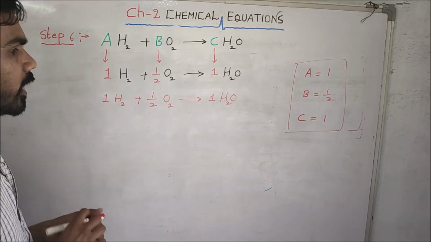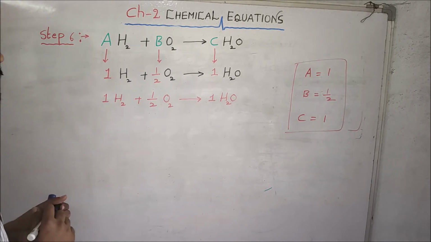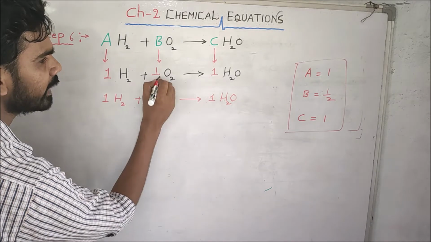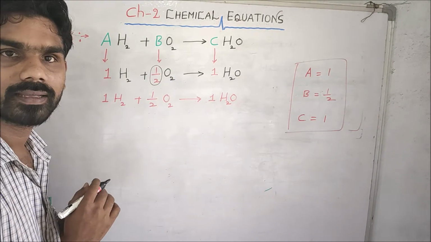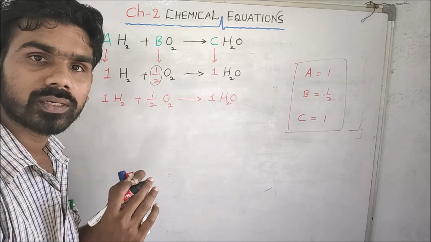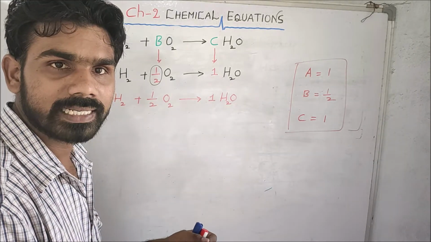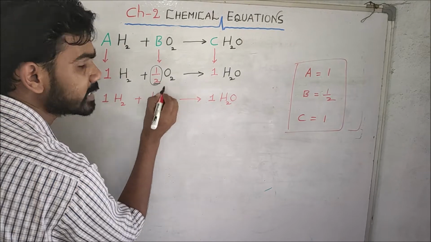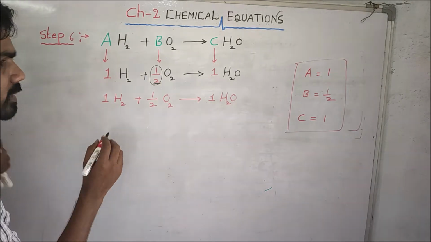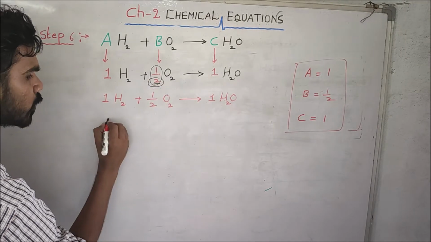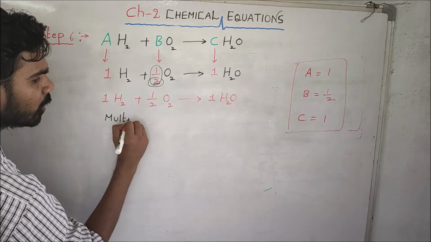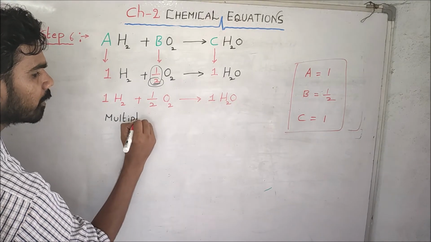Now this answer is done, but whenever a fraction value is there, in the answer we should not see fractions. To avoid fractions, the number in the denominator we multiply to all the terms. In the denominator, who is there? 2. So the highest denominator is 2 here.